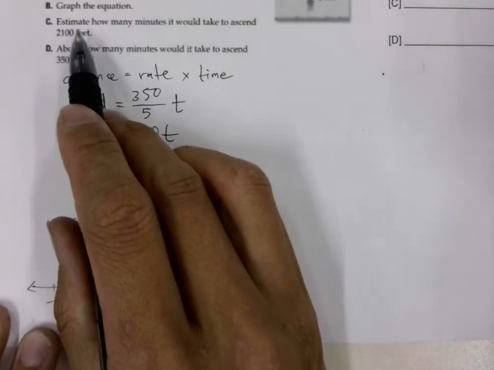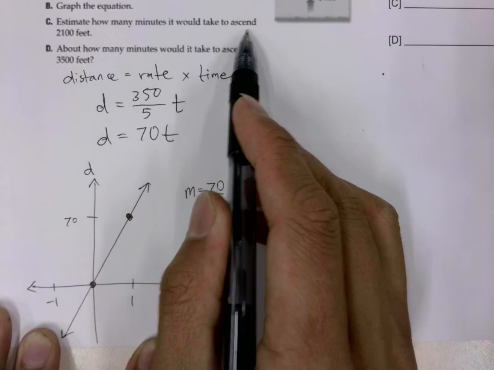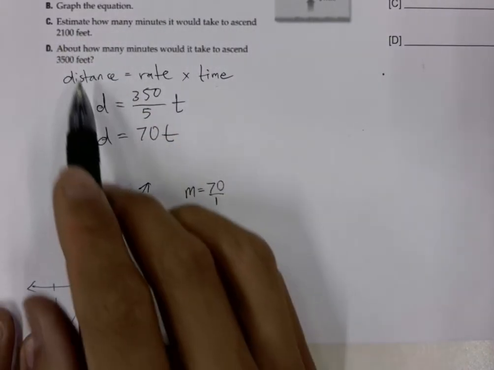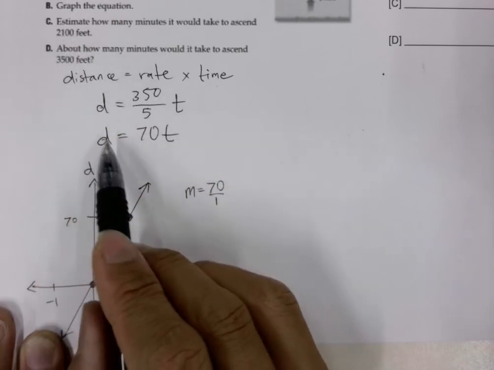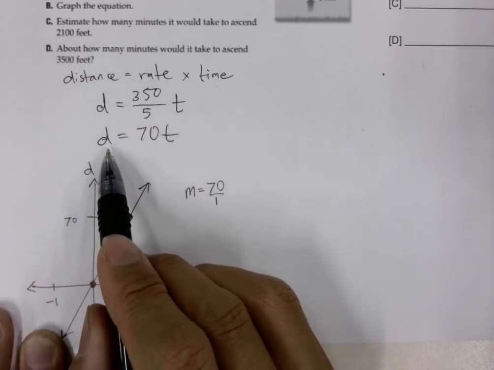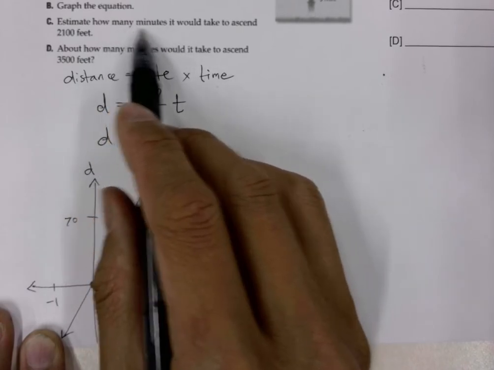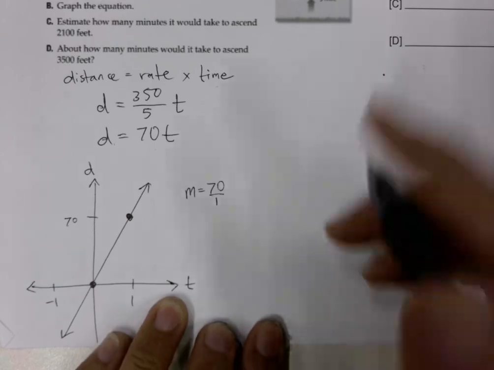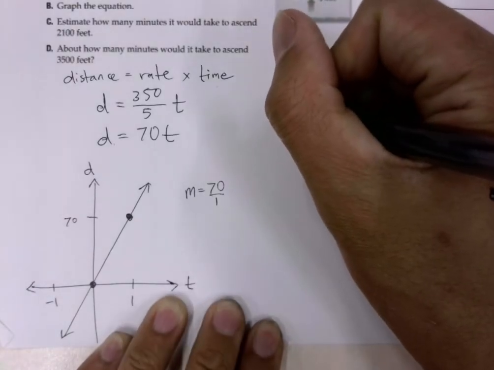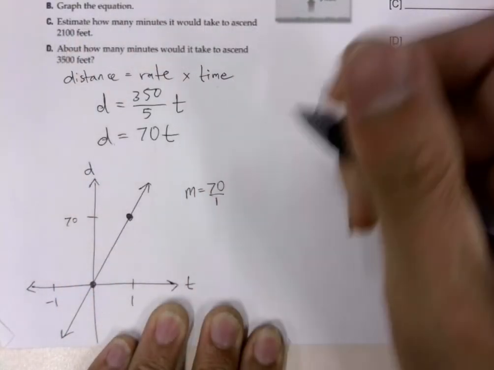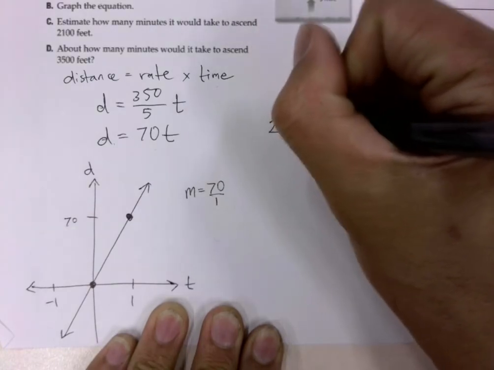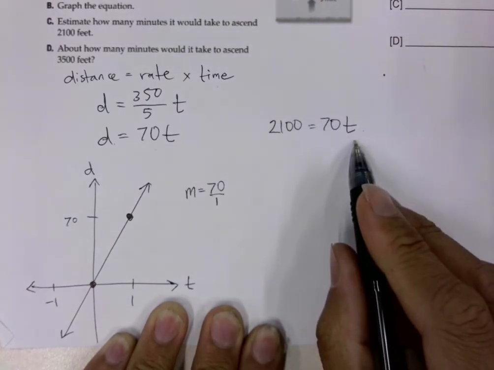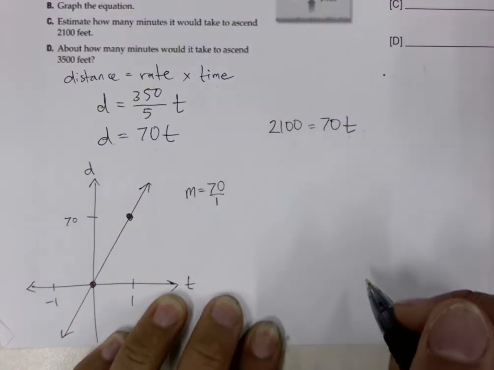Third question is, estimate how many minutes it would take to ascend 2,100 feet. Now 2,100 feet is the distance, and they're asking us how many minutes, what time it would take. So to solve part C, we would substitute in 2100 for d, and we would solve for t, solve for minutes.